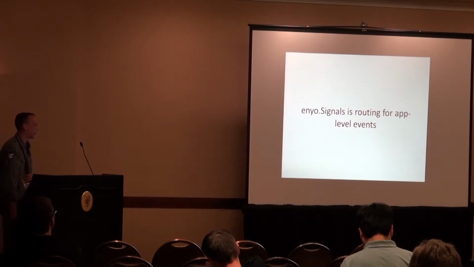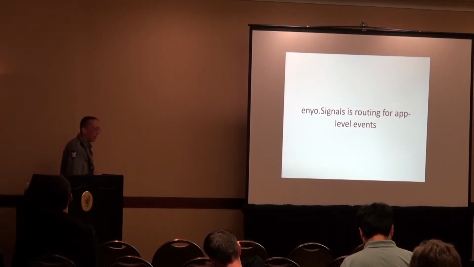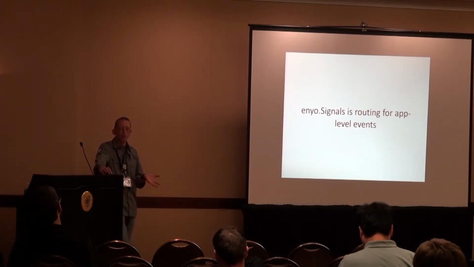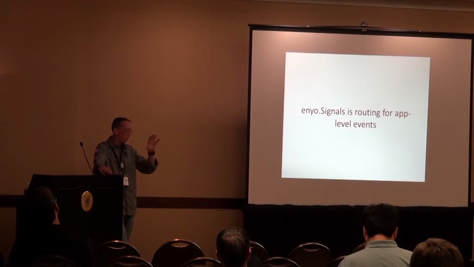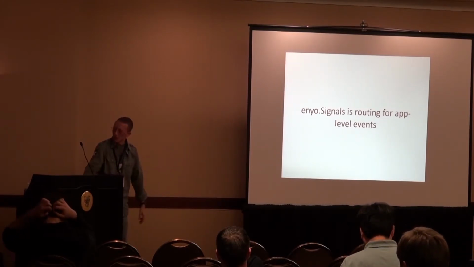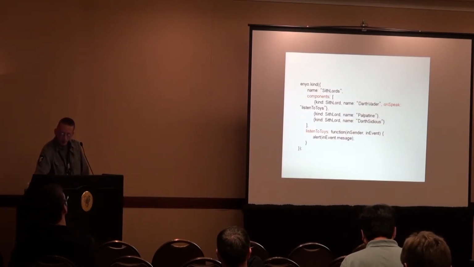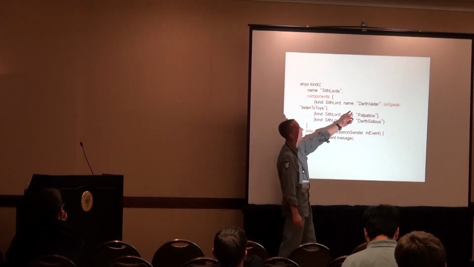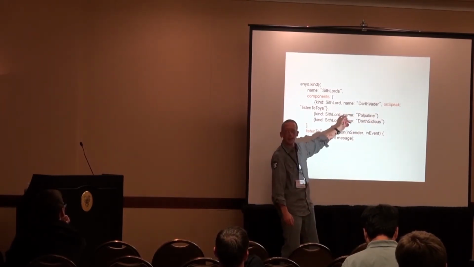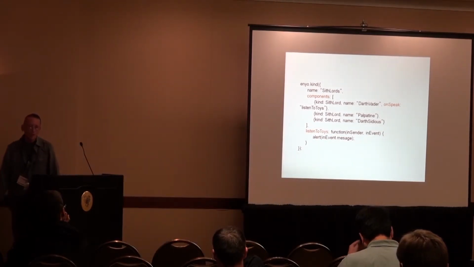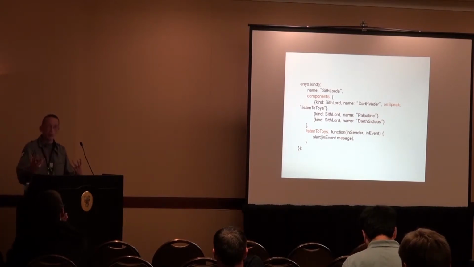So Enyo.signals, if you need to listen to app-wide events or things that aren't attached to the DOM nodes, whatever component you want to do that in, you include this Enyo.signals kind. I would have kind Enyo.signals, and whatever events I wanted to listen for, and I could have multiple ones, right, separated by commas. Okay, and anytime that event fires, any components that have an Enyo signals listening for it will run their handlers.